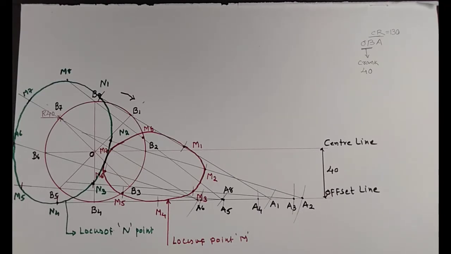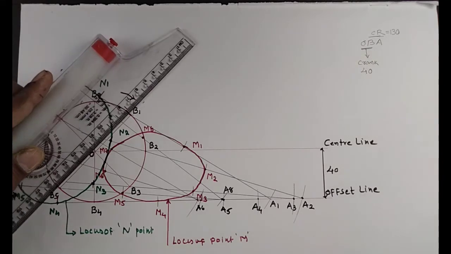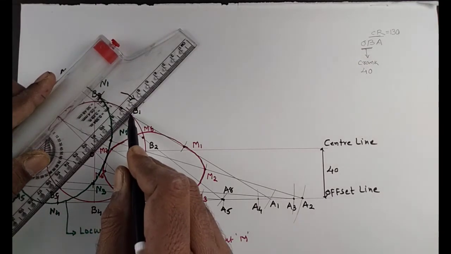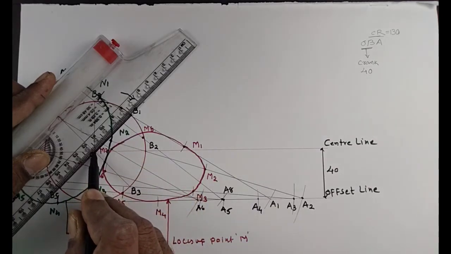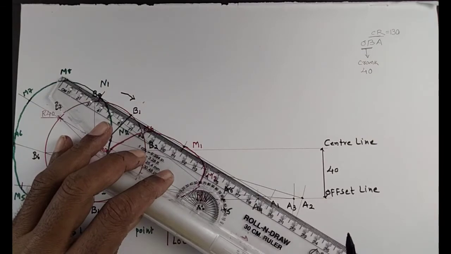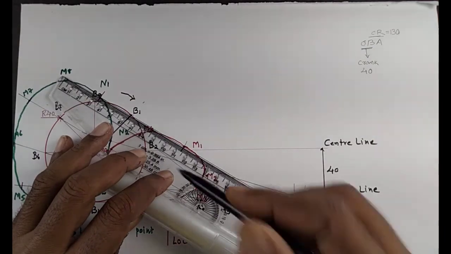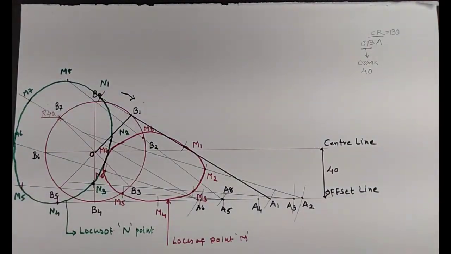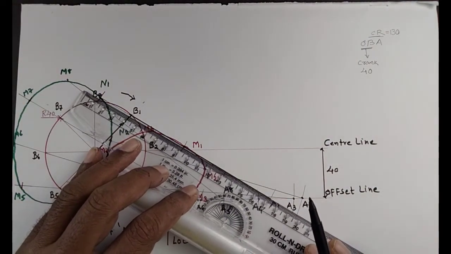Now at the end of the problem, we have to represent one mechanism with a dark line. So I draw the one crank OB1, B1A1 and its extension also in dark lines.